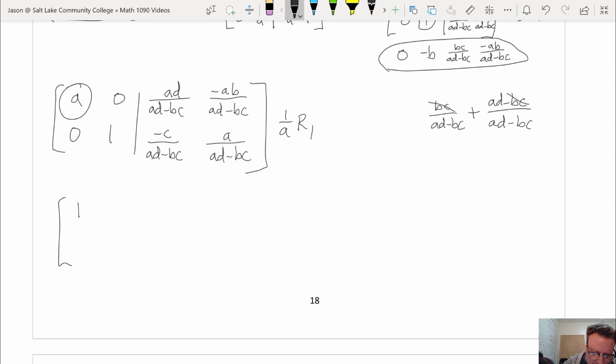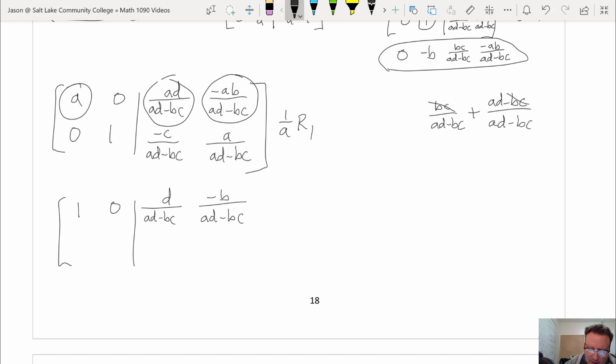I'm going to get 1, 0. And notice when I multiply this by 1 over A, the A in the numerator will cancel, and I'll be left with D over AD minus BC. And again, when I multiply 1 over A times this element, the A in the numerator will cancel with the A in the denominator, and I'll be left with negative B over AD minus BC.